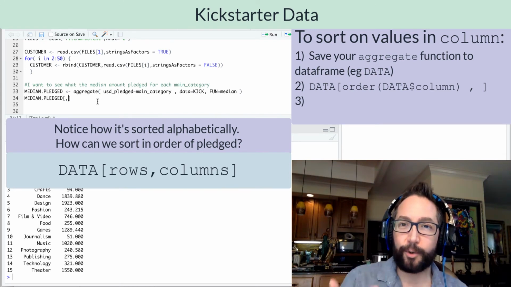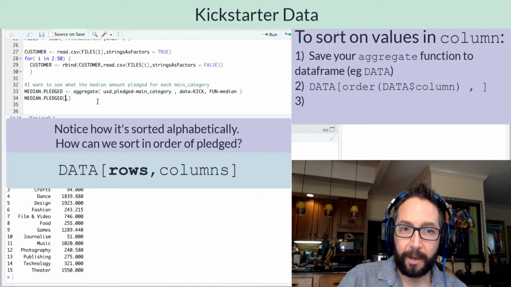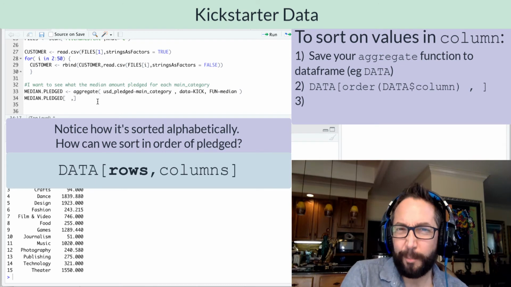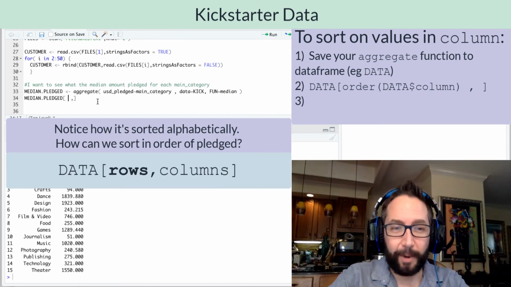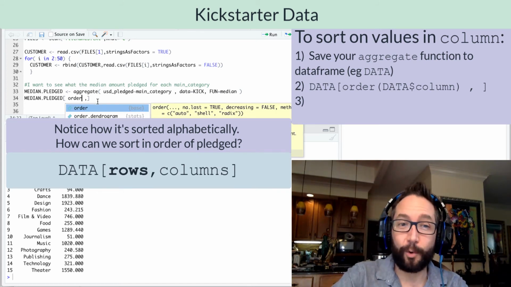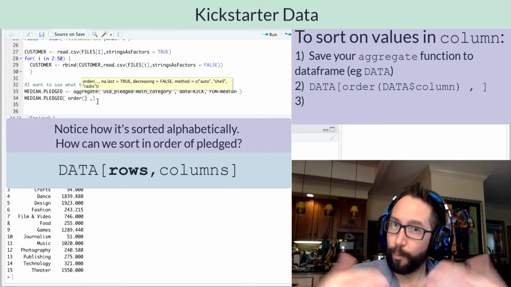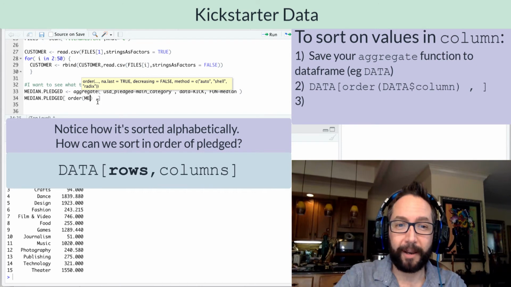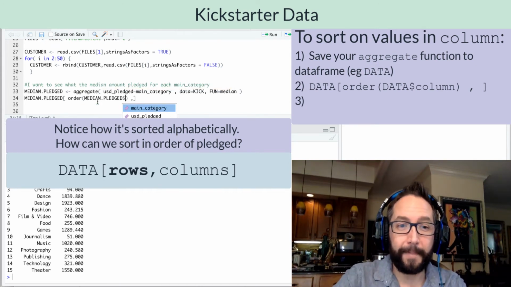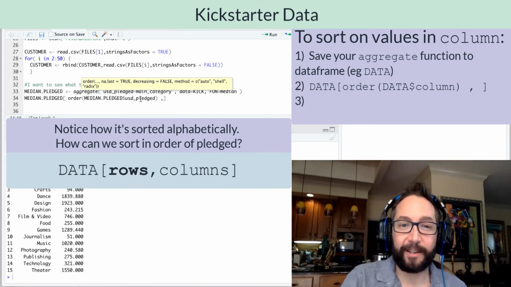So if I'm going to sort a data frame, I'm essentially reordering the rows. So I'm going to put something to the left of the comma. I'm essentially going to put the order of the rows that I want to see. The way that I'll do this is to use the command order, and I just need to say, well, what do I want to order these rows by? I want to order them by the values that I find in the USD_pledged column.